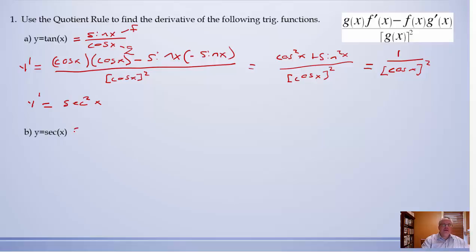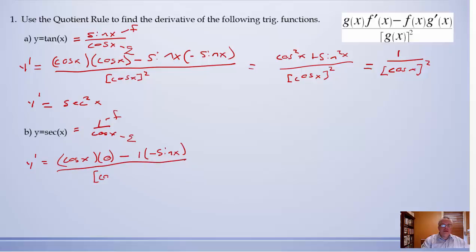All right, now let's do secant. Secant we can write as 1 over cosine of x. So 1 is f, and cosine of x is g in the quotient rule. So we get y prime equals g times f prime, cosine x times f prime, which would be 0, minus f times g prime, 1 times g prime, which is minus sine of x, all divided by g squared.